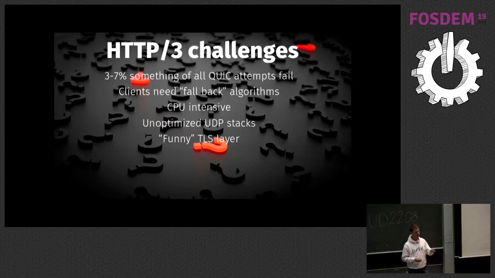I don't know if you remember, but HTTP2 was severely held back. The deployment of HTTP2 took a long time, because when we shipped the HTTP2 spec, all the server operators of the world said, okay, how do we enable this? We need this TLS extension called ALPN. How do we get that? It was a standard and existed in OpenSSL in a certain version, but the entire world was stuck on an older OpenSSL version.